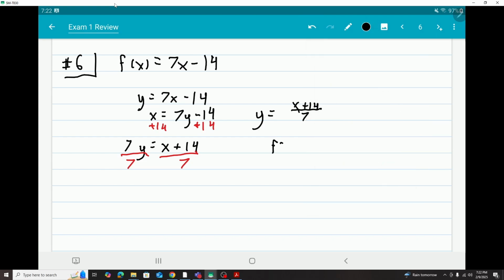And then here we can change its name to f inverse of x. That's the general game plan when you're asked to find f inverse of anything: swap the roles of x and y, solve for y, and then that will be your inverse function. Or you can, given a function, solve for x and then change the names later. Either way works.